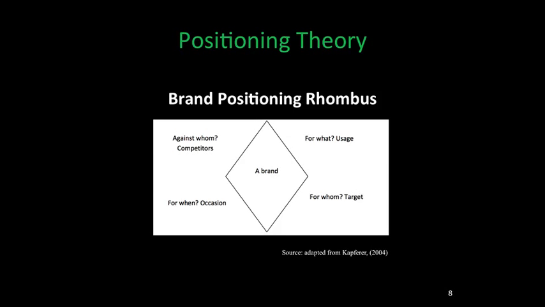So here we have positioning theory. Let's look at some of the key seminal papers that have considered positioning theory. This is actually Kapferer's model, the positioning rhombus, in 2004, in his book Strategic Marketing Management, and he proposes looking at position from very much a product brand perspective.